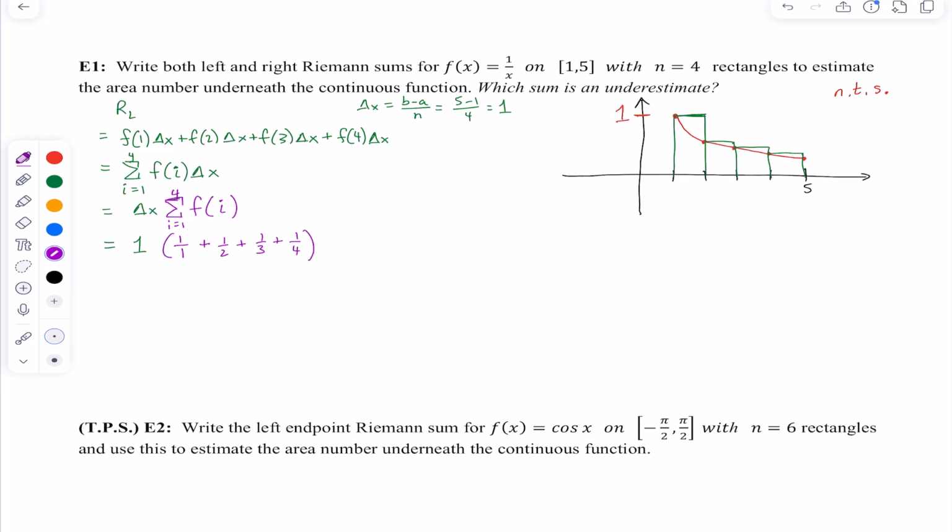We need a common denominator of 12. And there is our overestimate of the area.